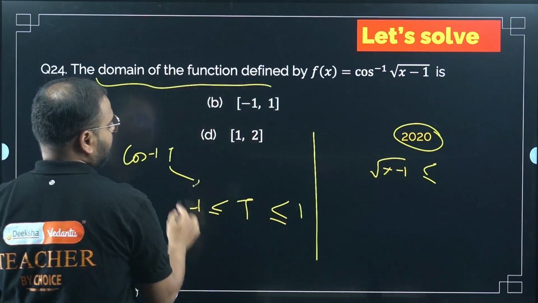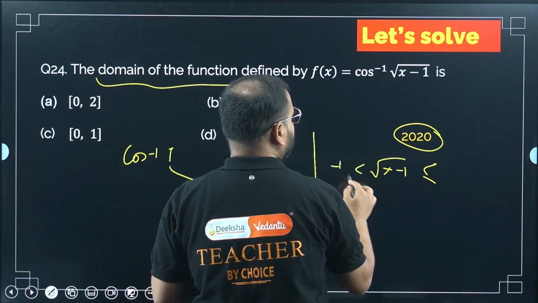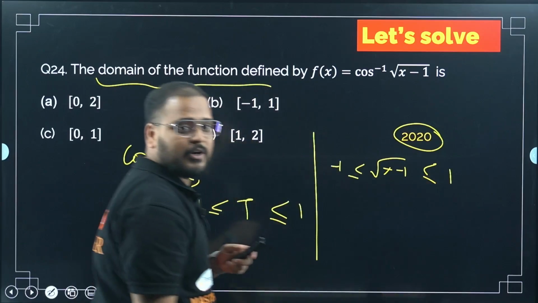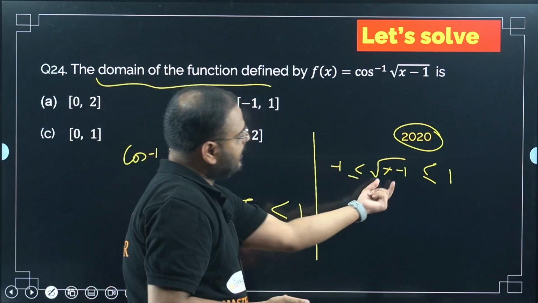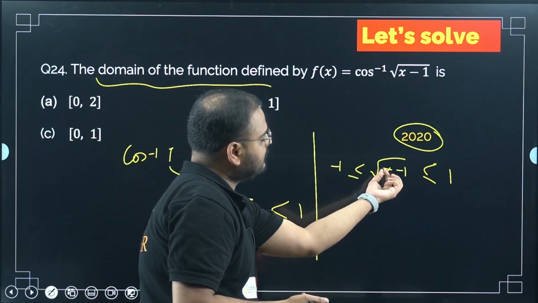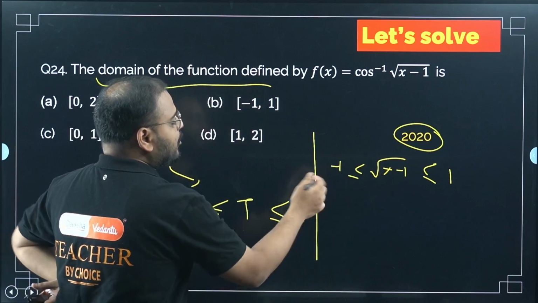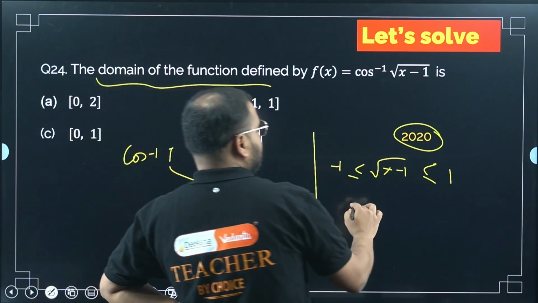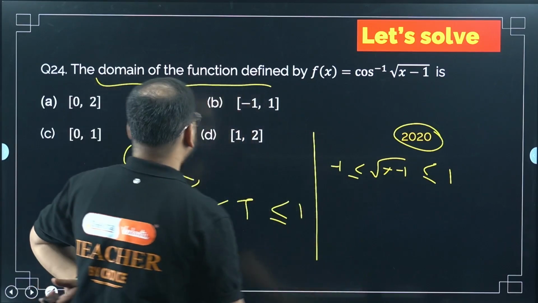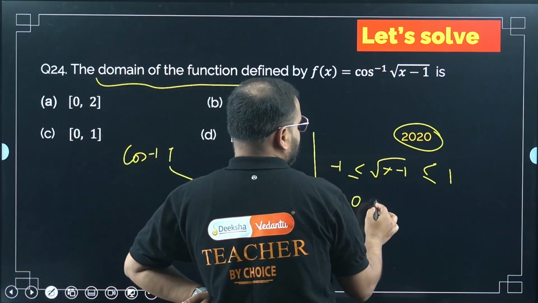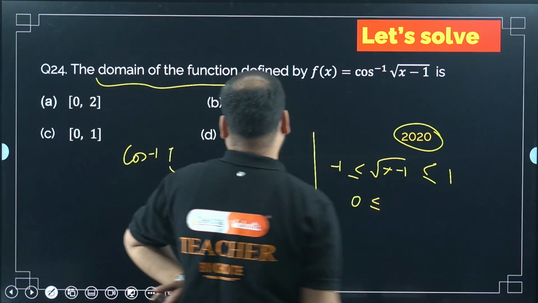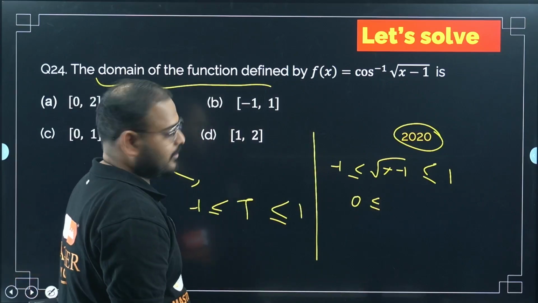Now, think about it. Can I take a positive value here? Can I take a negative value? It cannot be negative. I can have a 0, but I cannot have a negative number.